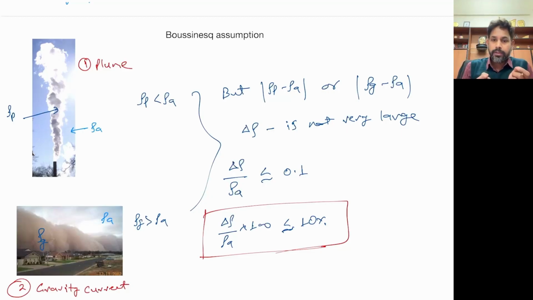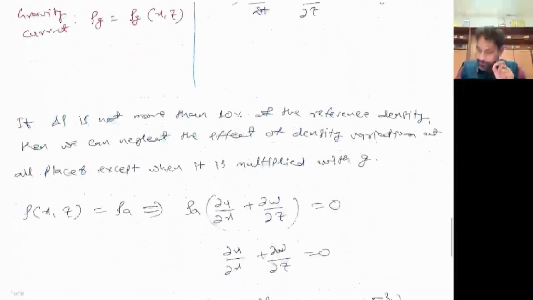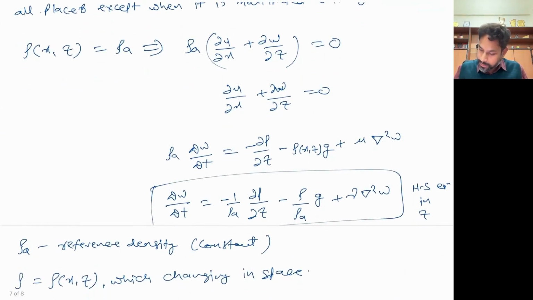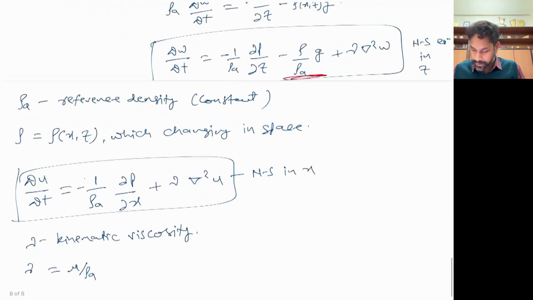Despite there being a density difference, we tend to neglect its effects except when it is multiplied with g, right? And why do we consider it when it is multiplied with g? Because that is the buoyancy force, that is actually what drives the flow, right? If we consider that also as a constant, then the flow itself will not happen. That is why we have to consider the effects of the density difference in the gravity term, but elsewhere we can consider it to be simply a constant.